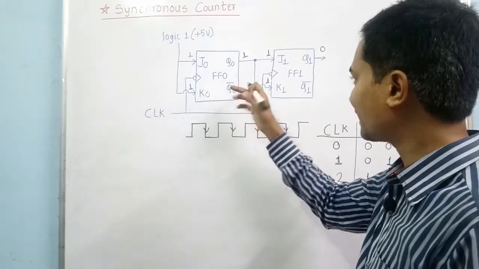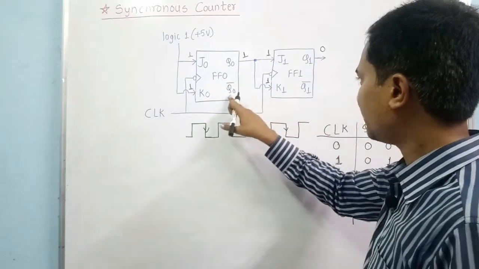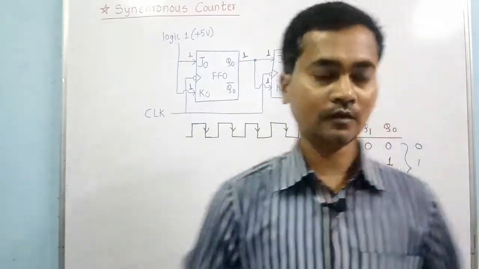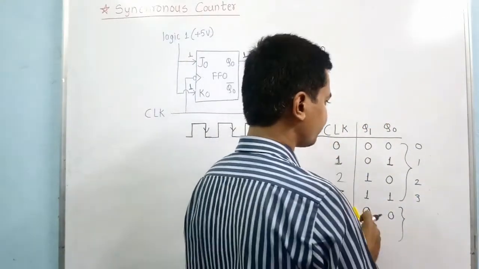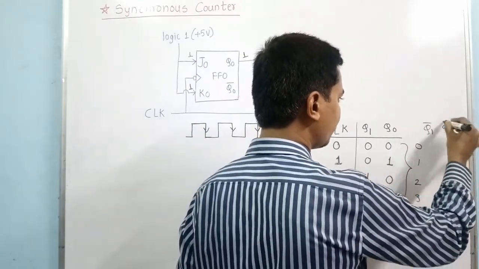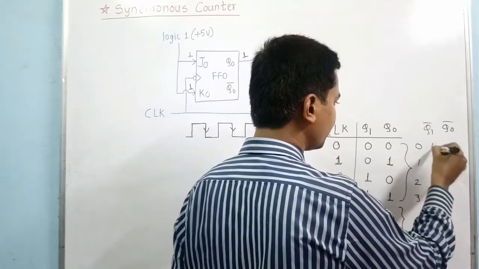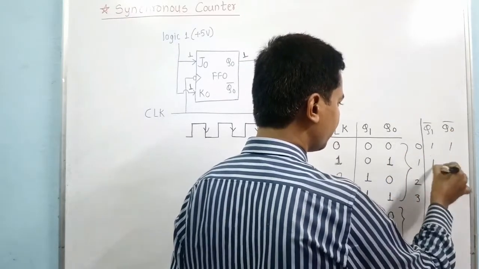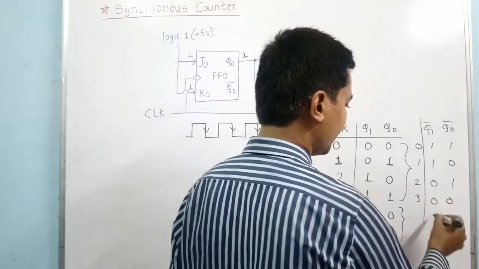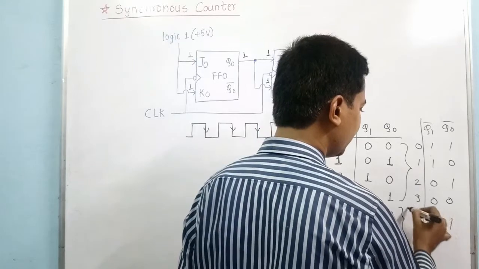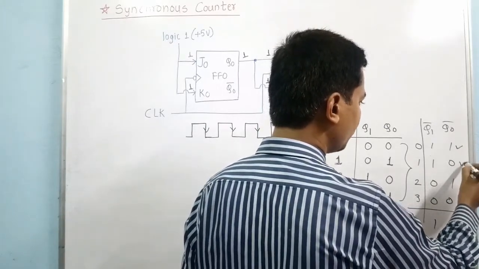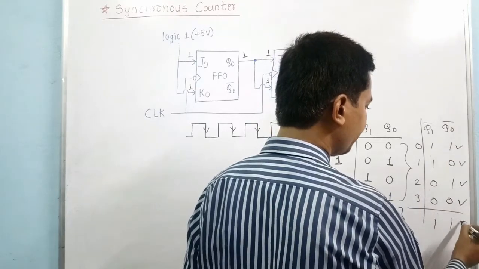So I will just write here Q1 bar and Q0 bar. If you take the complement, you will get 1 1, 1 0, 0 1 and 0 0. Again the complement of this will be 1 1. So this will be down counting: 3, then 2, then 1 and then 0, and again 3.